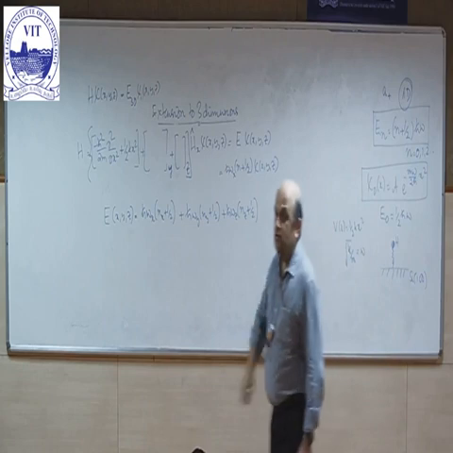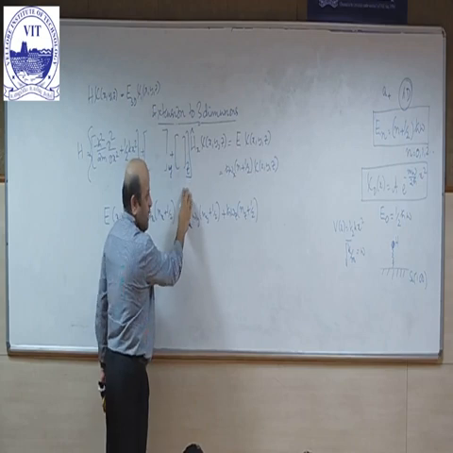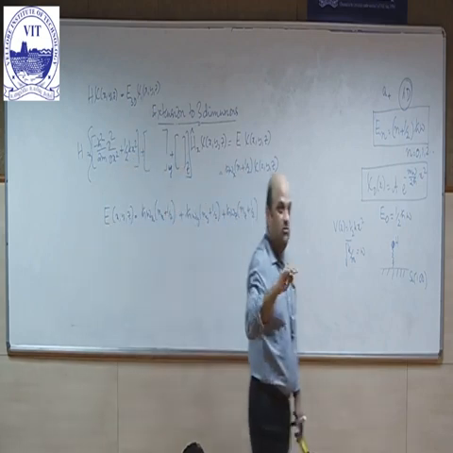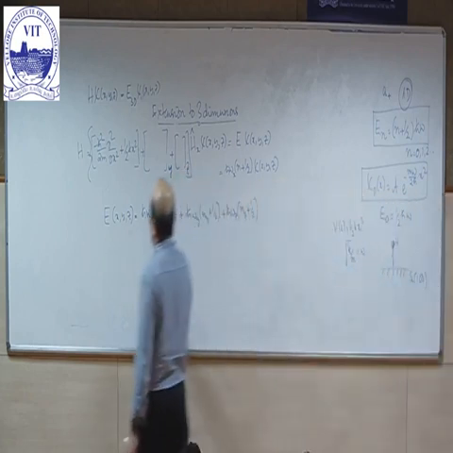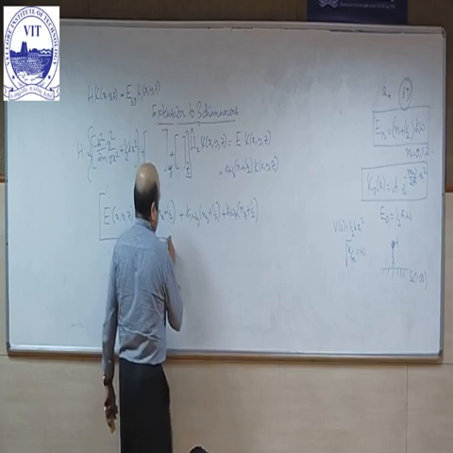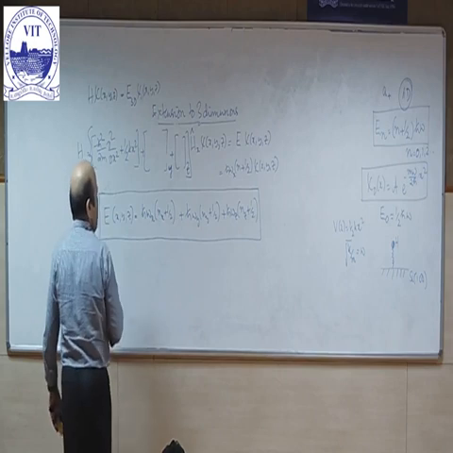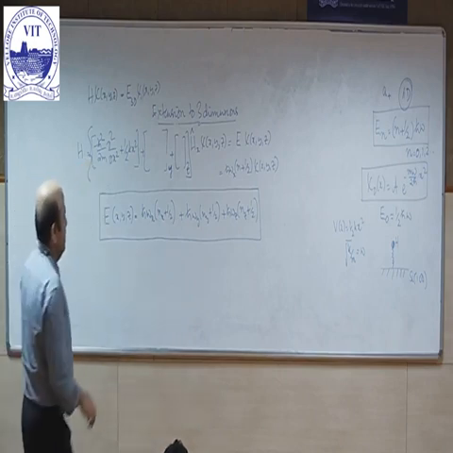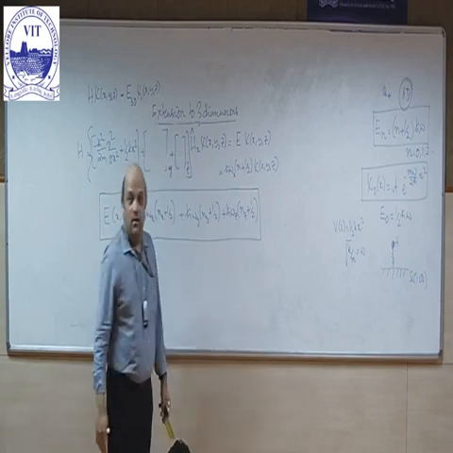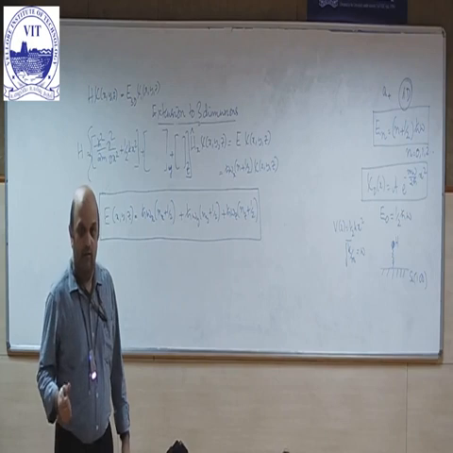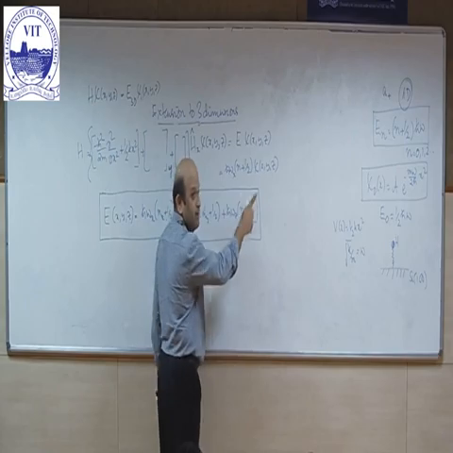But since you can resolve this Hamiltonian into 3 independent parts, you can actually resolve the energies also in terms of individual components along x, y, and z. So this is my general equation for the energy. And you can also call this x direction, y direction, and z direction as the directions of quantization, because nx, ny, and nz are discrete values.